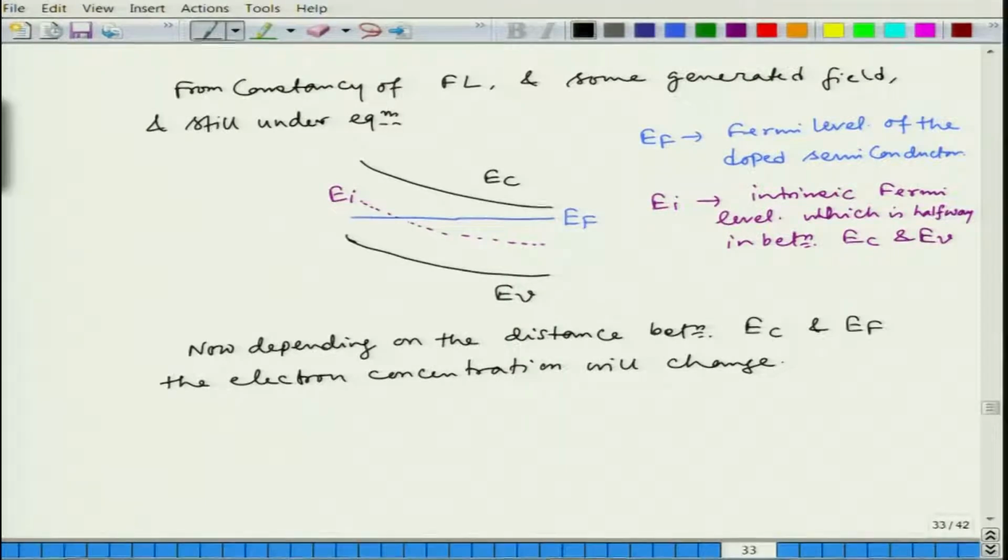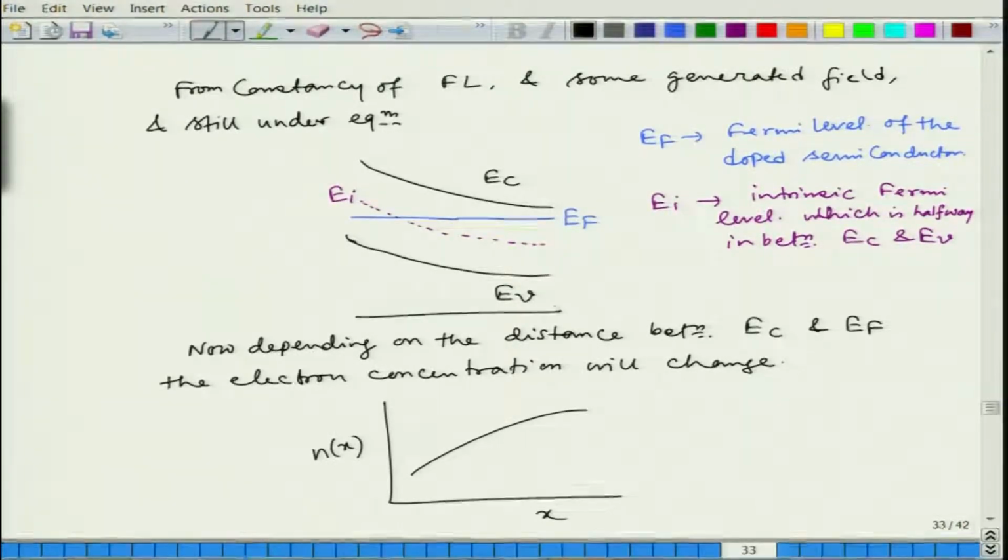Okay. So, in this case, in the above figure, you can write the concentration of electron with the distance will be somewhat like this. It will increase as you go up in x. So, let us say this is x. Okay.